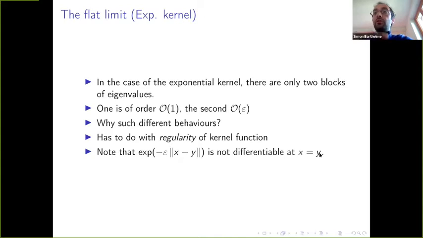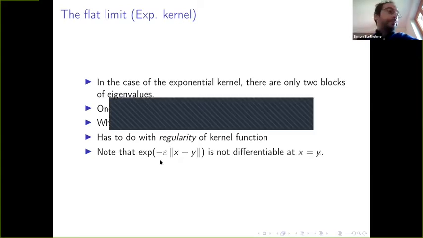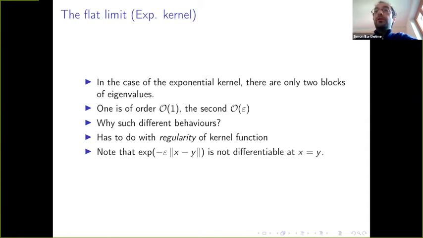I can't go too deeply into that, but if you look at, for example, the exponential kernel as a covariance of a Gaussian process, you get a Gaussian process that's continuous but not differentiable, whereas the Gaussian process that comes from a squared exponential kernel is infinitely differentiable.